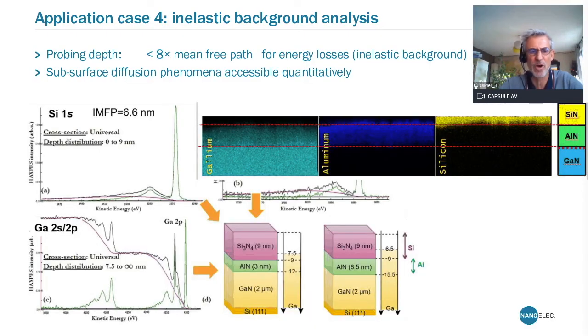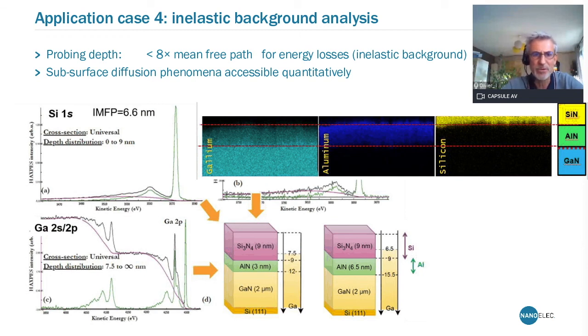And we wanted to reproduce this experiment with our new lab-scale instrument, in the case of a stack of different nitride materials. Here we are considering aluminum nitride, gallium nitride, and silicon nitride. We are analyzing jointly the silicon 1s line and the gallium 2s and 2p lines excited with our chromium source. And we can actually evidence some kind of gallium diffusion, upwards gallium diffusion, in those stacks, which are intended for power devices.